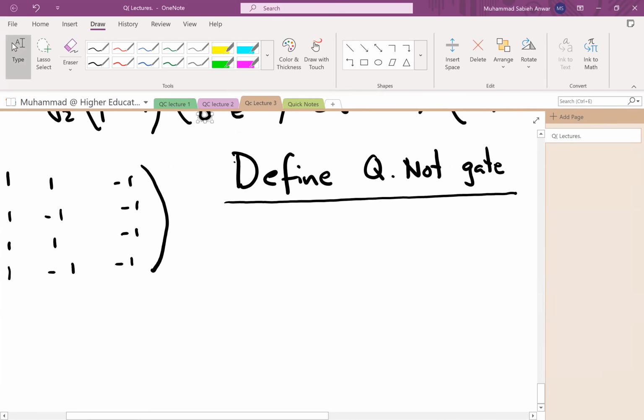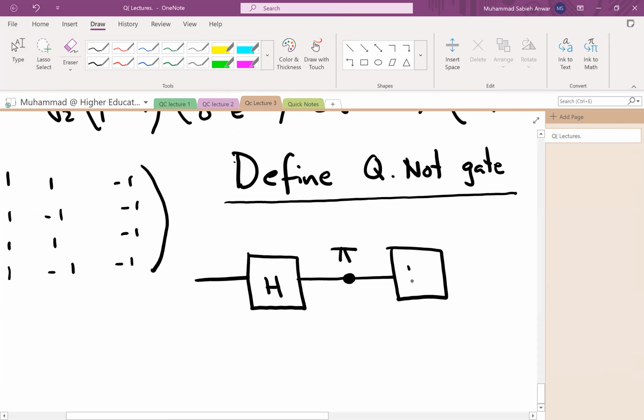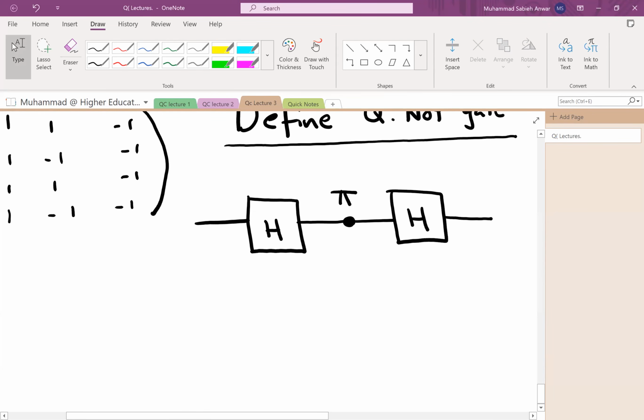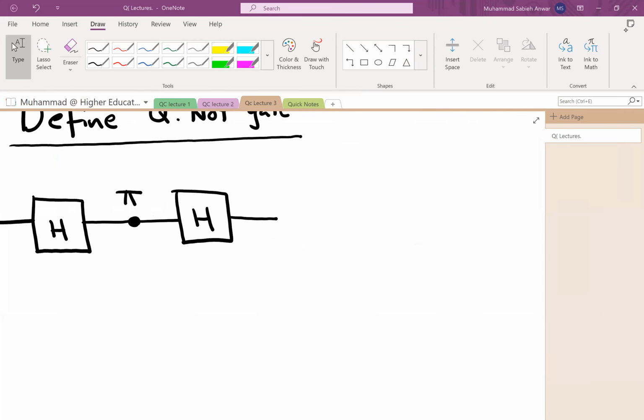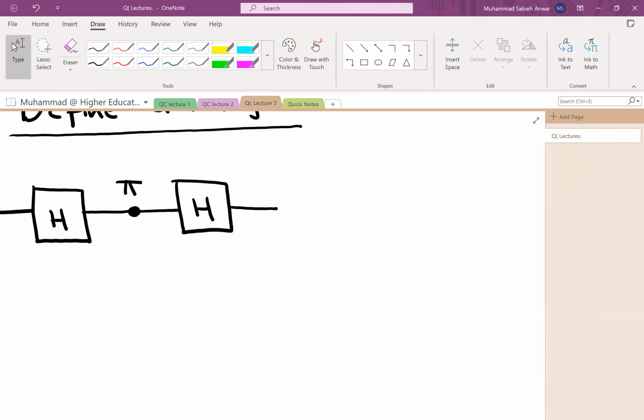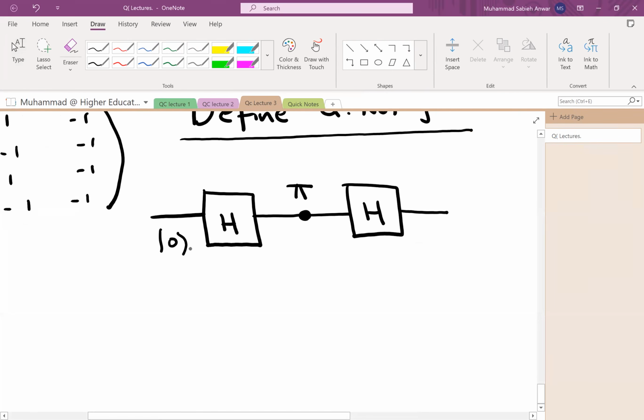So if I had a Hadamard gate followed by a phase gate which has a phase pi, followed by another Hadamard gate. Instead of having an arbitrary phase gate, I would like to have a phase gate with a particular value of phase. Now, could you tell me if the input for this gate were ket 0, what would the output look like?